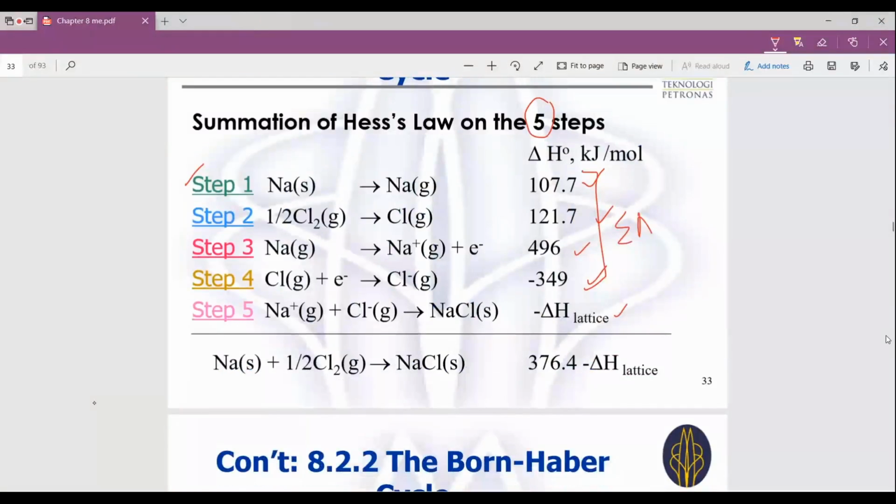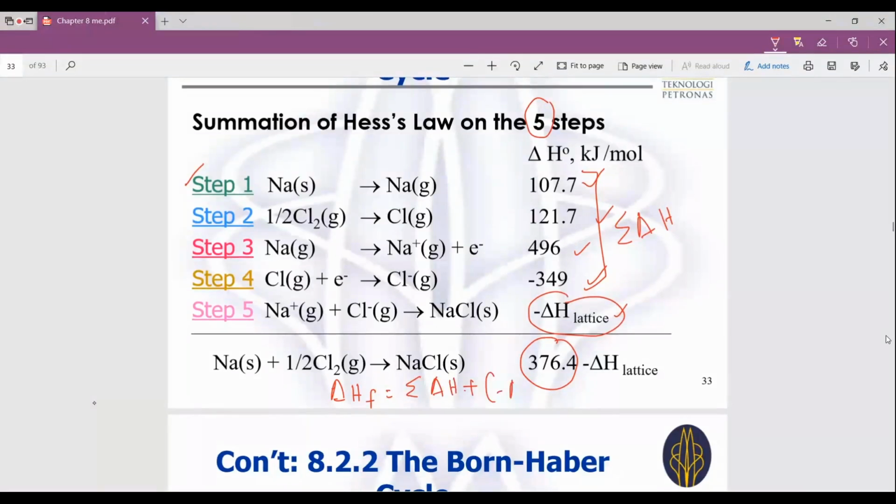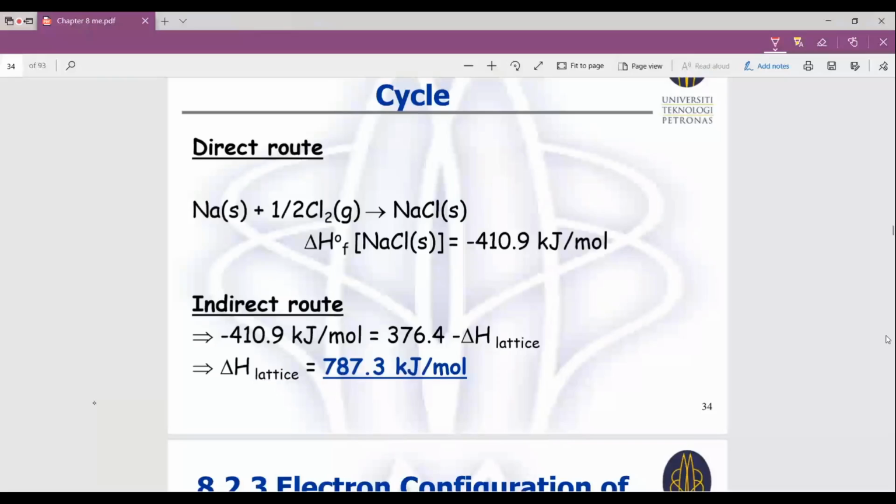Summations of delta H here is 376, then delta H lattice. That's why I gave you the formula: delta H formation equals the summations of delta H plus delta H lattice. Then you will get the delta H lattice value. So delta H lattice value is equal to 787.3 kilojoule.